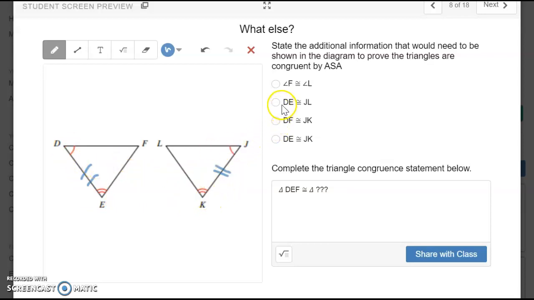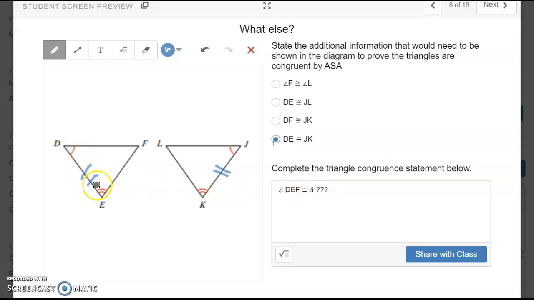So I have DE here and KL. I don't want DE and JL. JL would be this one. Okay, so I want DE and JK. So it's this one. Okay, so now that I know that these two triangles are congruent by ASA, I need to write the congruence statement below.